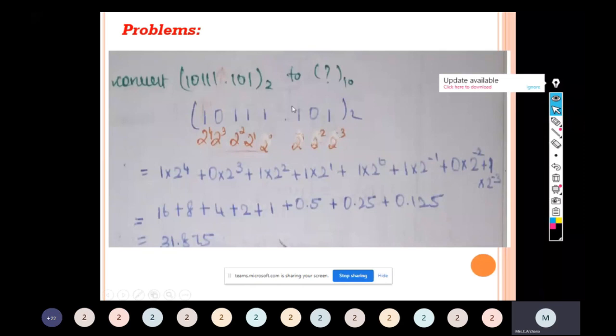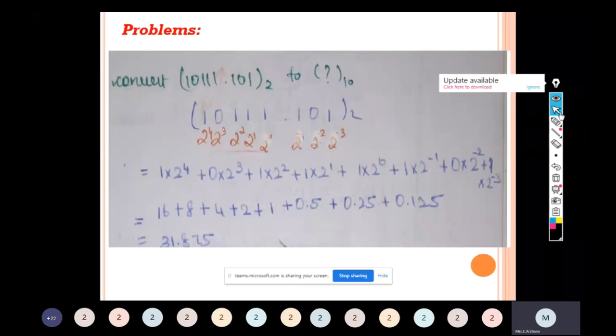For the integer part, we will give the weightage starting from the LSB, that is the least significant bit. For the fractional part, we have to give the weightage from the MSB, the most significant bit. So here we have the base value 2.